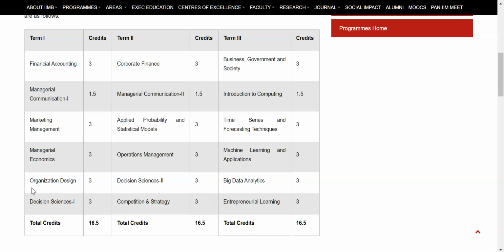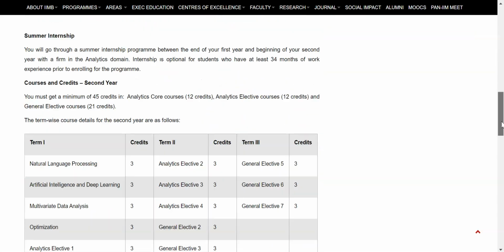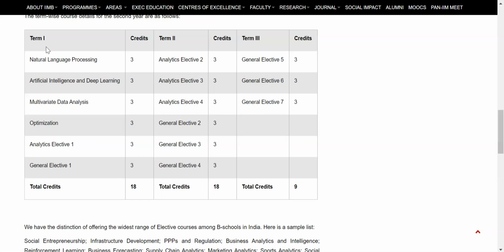A good number of subjects core to business analytics are taught in the first year, which helps you get corporate ready, fetch a good summer internship, put your efforts and knowledge in it, then come back and do a couple of courses which are completely into business analytics.